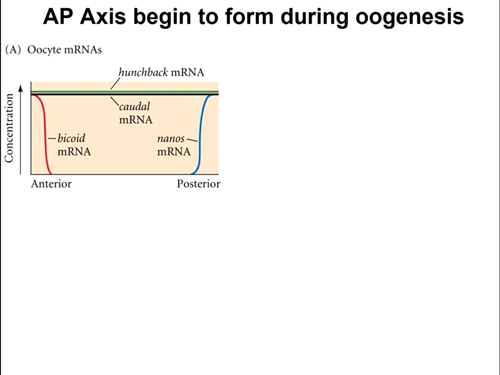Two other mRNAs that are extremely important for the establishment of the anterior-posterior axis during early development are hunchback and caudal mRNA. And here we are talking about, at the moment, the oocyte, so the forming oocyte. So the mother deposits bicoid and nanos, as well as hunchback and caudal.